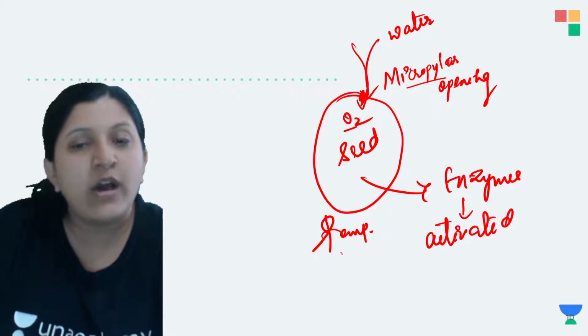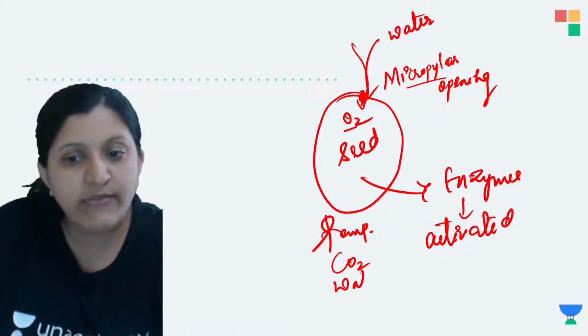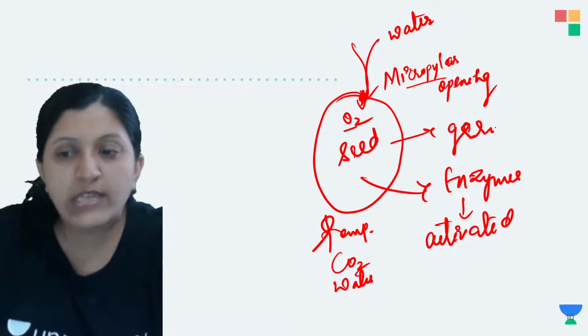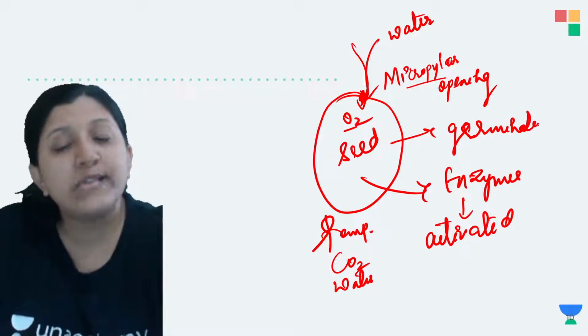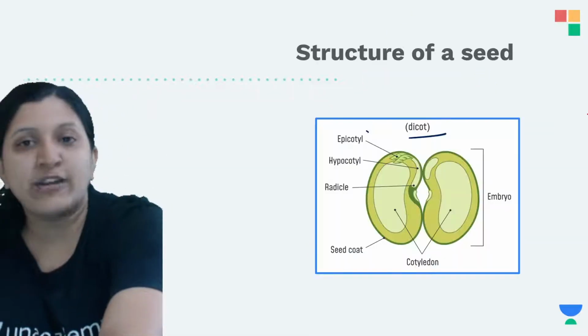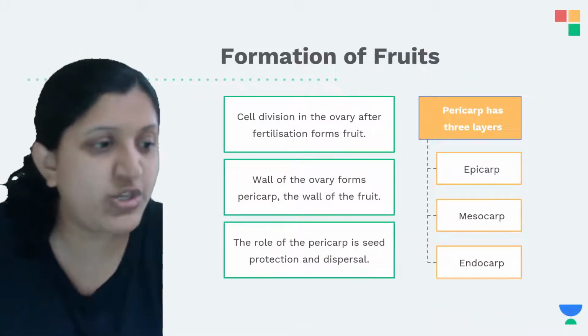If there is a suitable temperature, a suitable amount of carbon dioxide, and water is available, the seed will start to germinate. We can see the seed germination, and based on that, changes occur and plant growth can be seen.